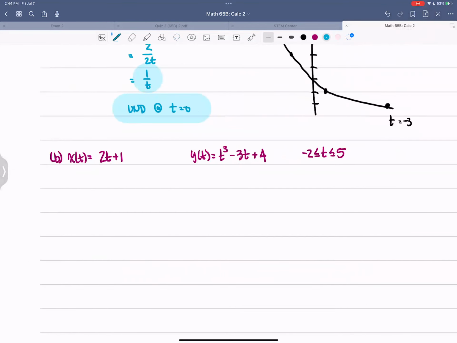So finding the derivative, for x equaling 2t plus 1, dx/dt is equal to 2. Here for y equaling t cubed minus 3t plus 4, dy/dt is equal to 3t squared minus 3.